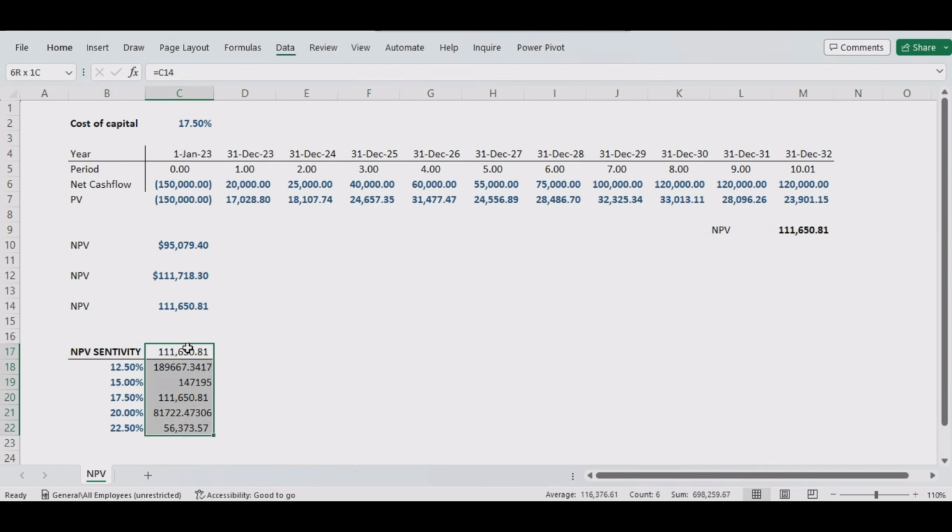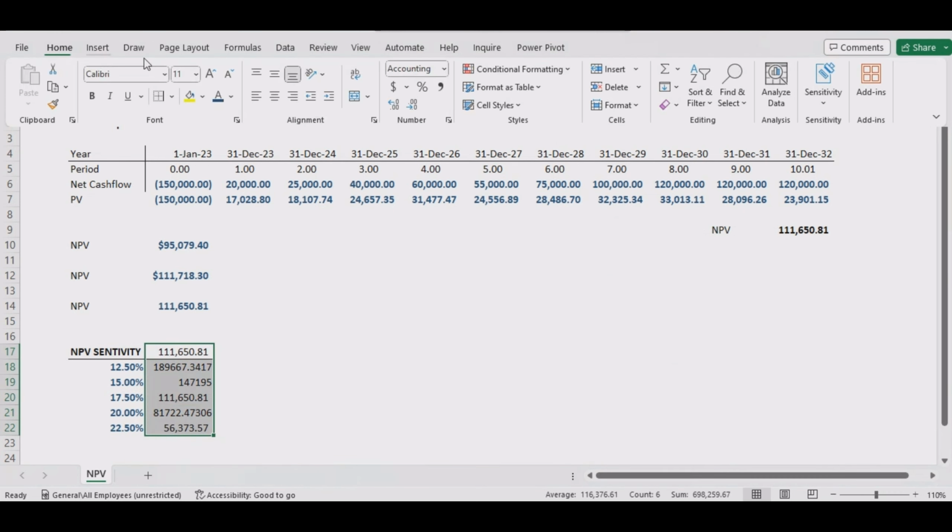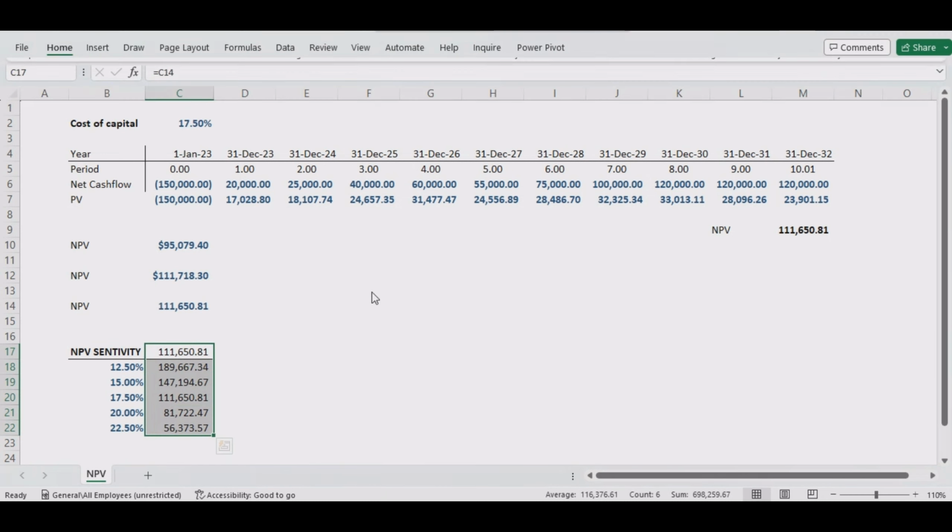These values tell you how your net present value changes with the cost of capital. So if you're able to go to the market and borrow money at a 12.5% interest rate, your net present value would increase to 189.